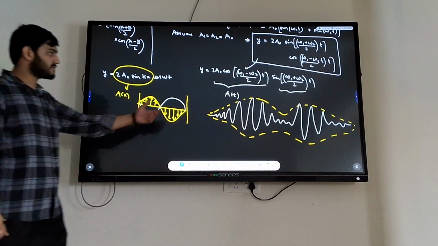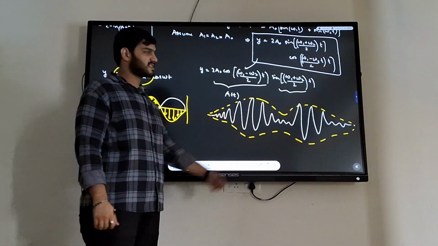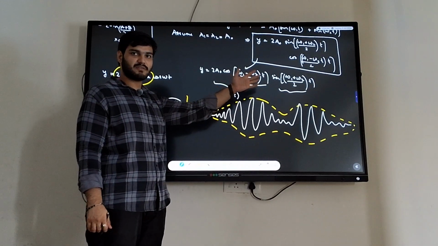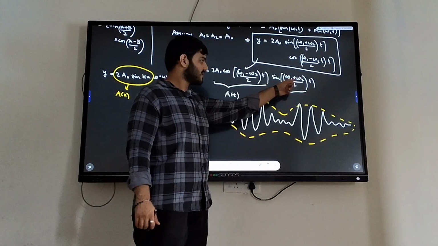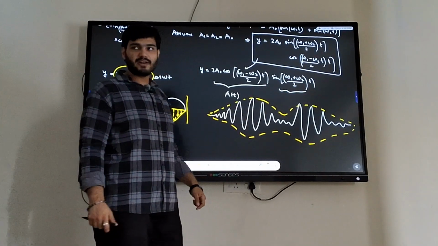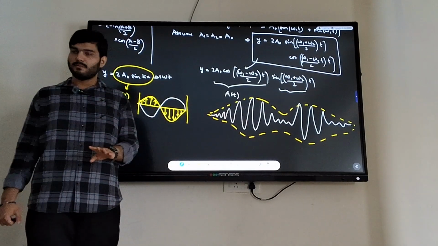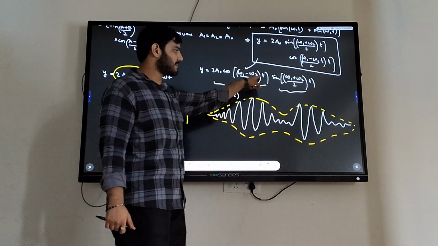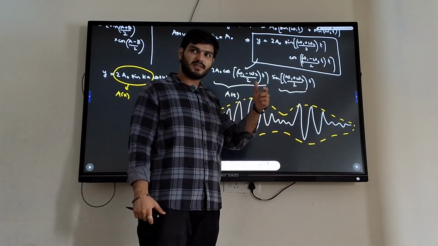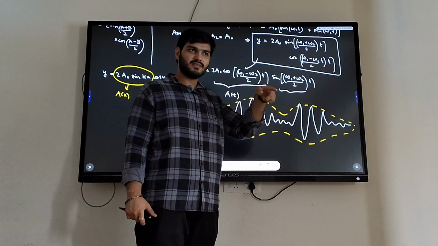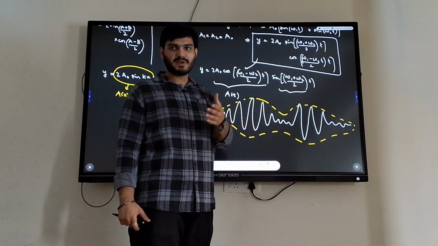Our final function oscillates with a different frequency, (omega1 minus omega2)/2, and this is my modulating frequency. I did not write the kx terms, but if there were a kx term, the whole thing would be moving, because it will have some speed.